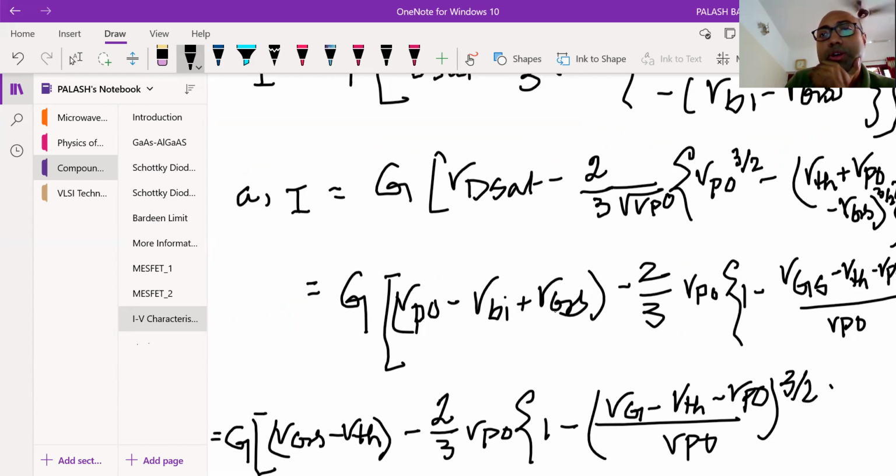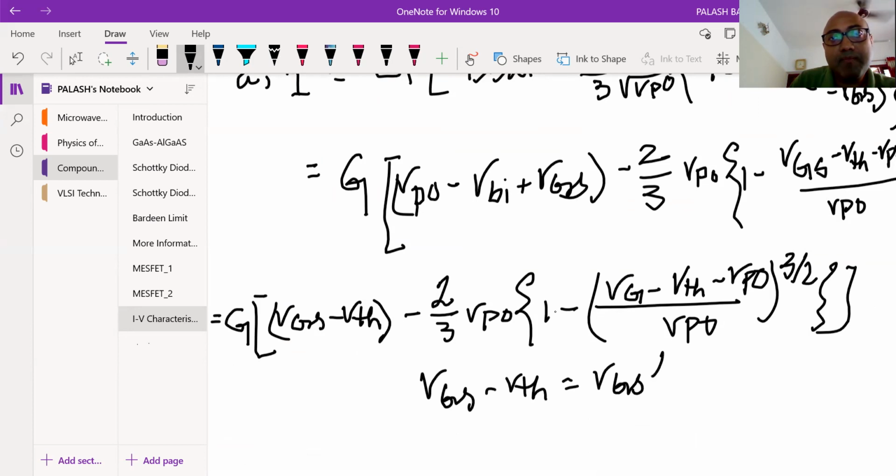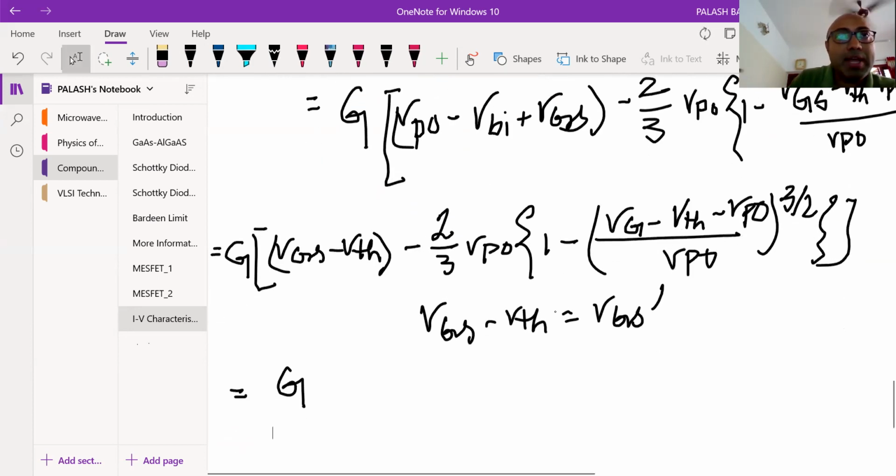Three by 2, you have missed. So let me write one thing, VGS minus threshold is equal to VGS bar. This is how Shockley has derived.